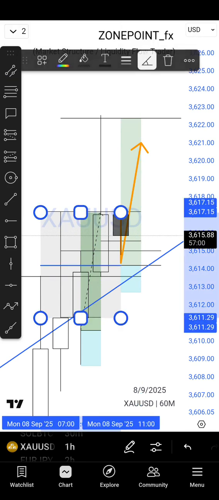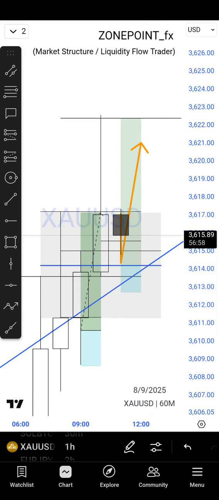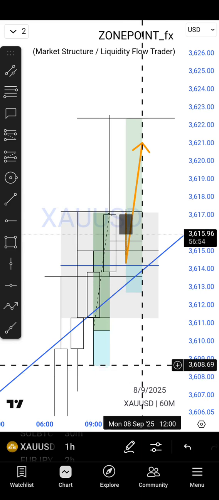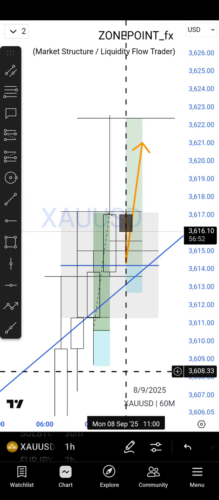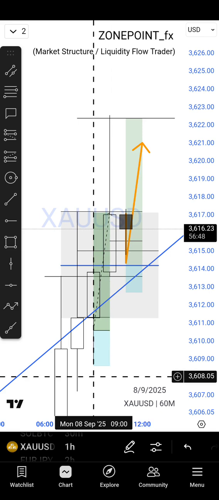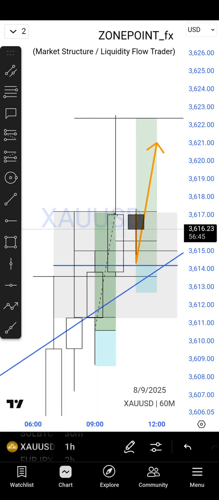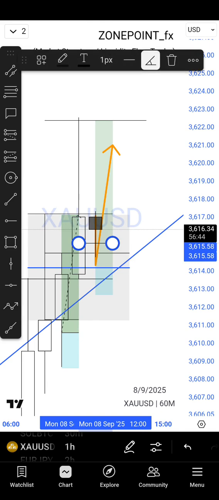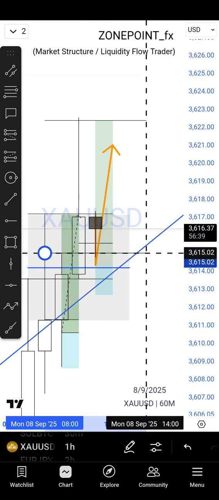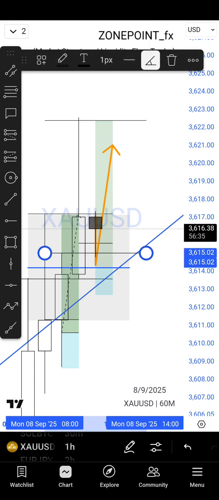This is one reaction here that I marked initially, but market did not use that one. Market used, I said this is distribution that we form now. This is manipulation and this is accumulation. So market used this CRT. Market just swept it a little bit down and is moving up.